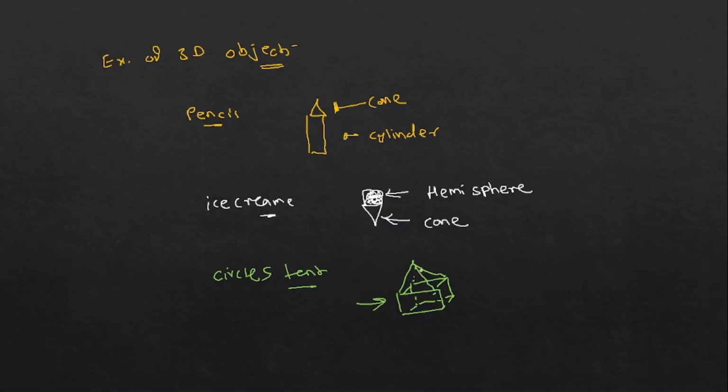Now this top portion consists of what? It consists of the pyramid. This is called a pyramid, right? And the bottom is, as usual, a cuboid. So pyramid plus cuboid constitutes the circus tent.